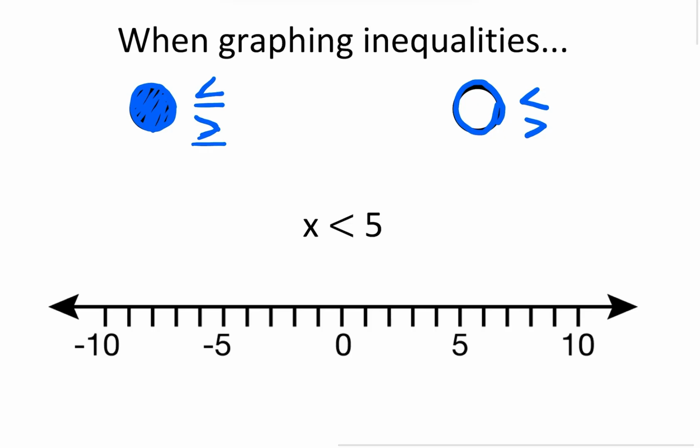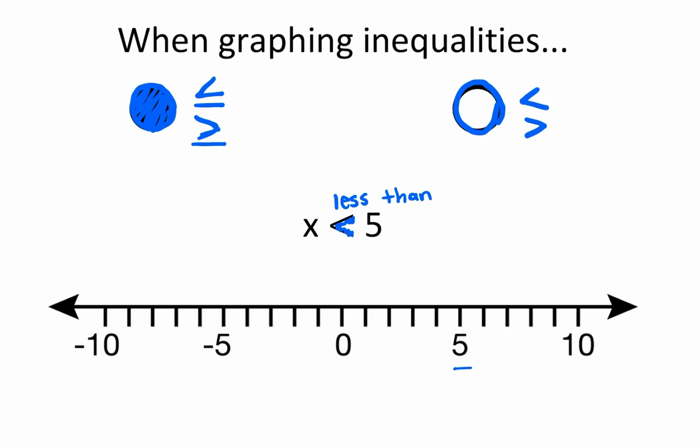So let's graph x, and then we need to be able to read this right here. So think about, who is your alligator eating? He is eating the 5. So that means x is smaller. So I would read this, x is less than 5. So we need to be able to read that.